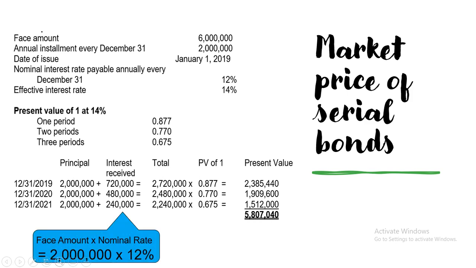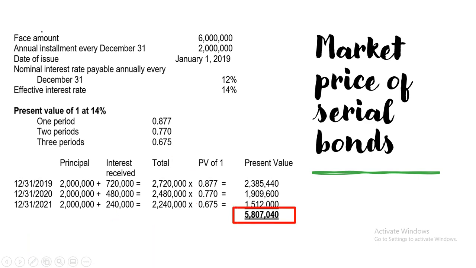So in this case, 2 million is now the balance for the face amount of the bonds multiplied by 12% na nominal rate. So the total here is 2,240,000 times 0.675 na present value of 1 for 3 periods. That's why the present value is 1,512,000. So add mo lang yung tatlo, the market price of the bond is now 5,807,40 pesos.